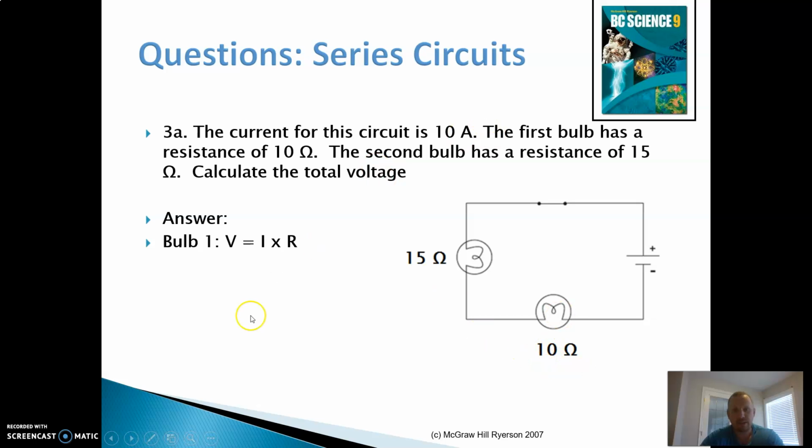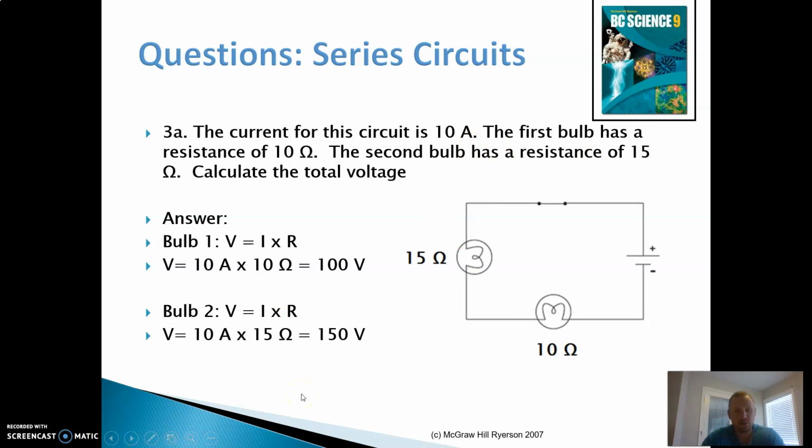So 10 ohms times 10 amps is 100 volts. And we could say the voltage used by the second bulb is the current times resistance. So 10 amps times 15 ohms, so 150 volts. And we could add those two up as 250 volts.